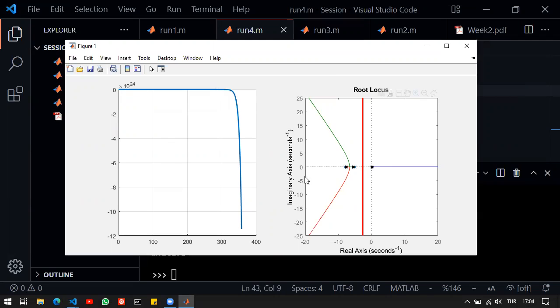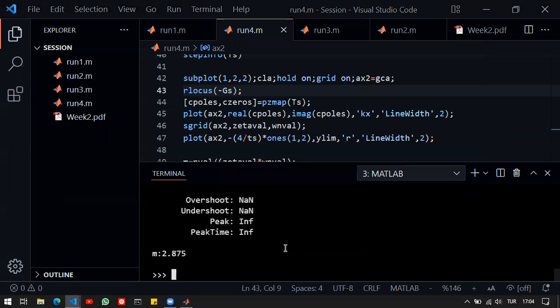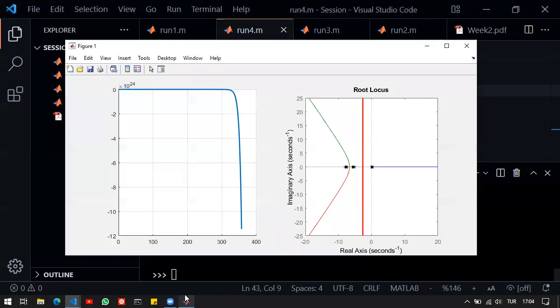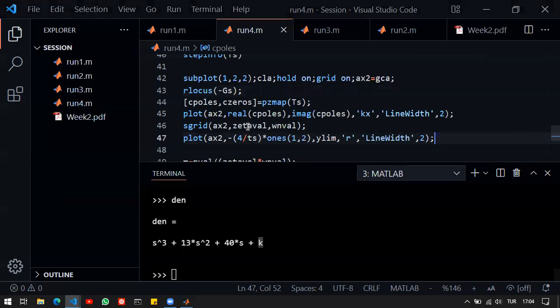So you're not free, basically. And I've talked about the fact that we have this denominator here, and we are only affecting this polynomial by this constant term. So that's the trade-off here. If you only change the constant term here, then you can only move on the root locus here.